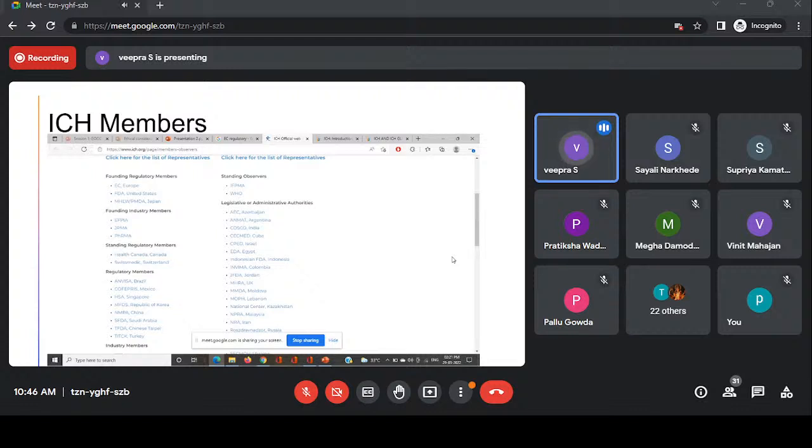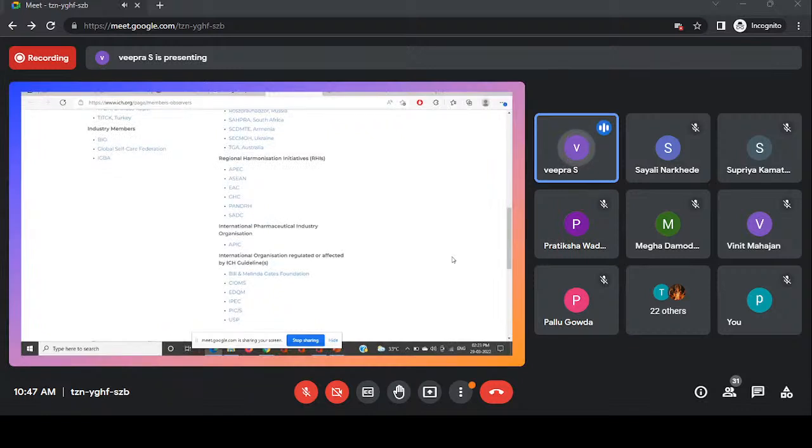So it's not only the founder members, but some other countries' regulatory representatives, including the industry experts, who are also present here as members of the ICH.